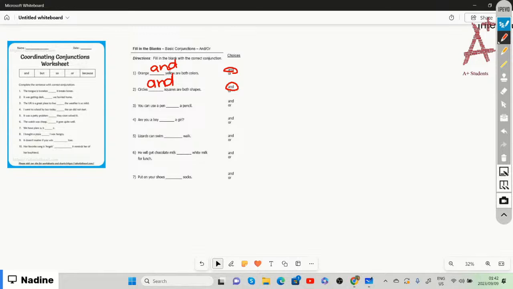Which one? Can I use both, or either or? So do we use and or do we use or?